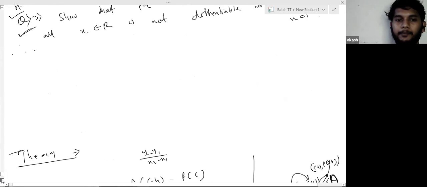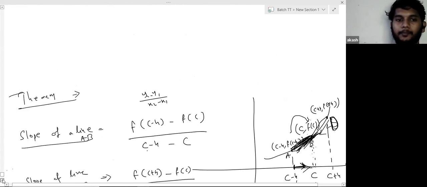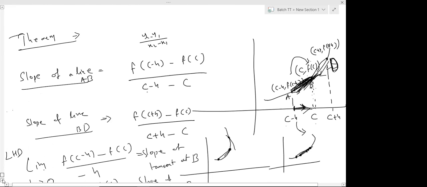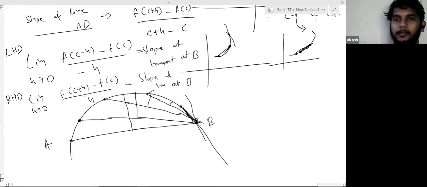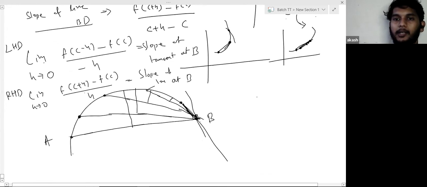What we say is differentiable is when this happens, that LHD equals RHD. Then what does it mean?